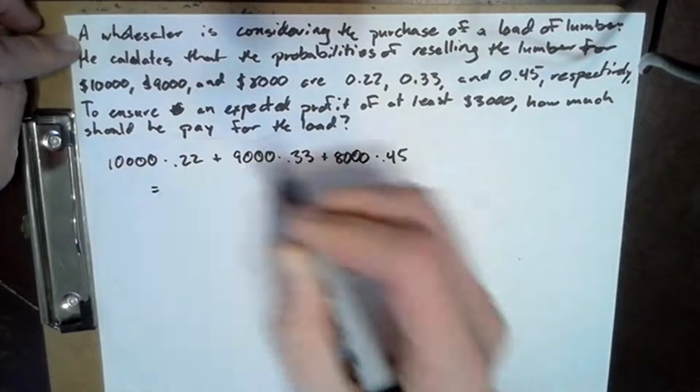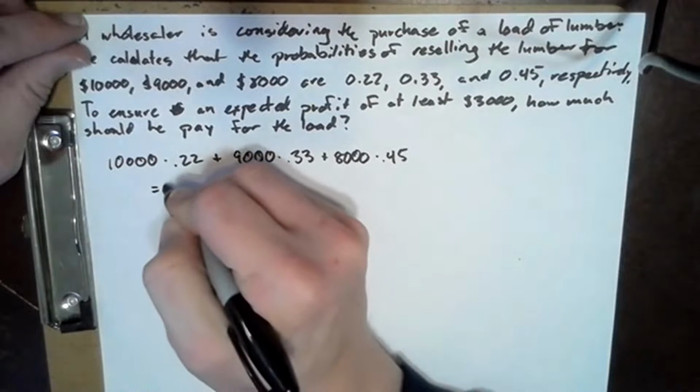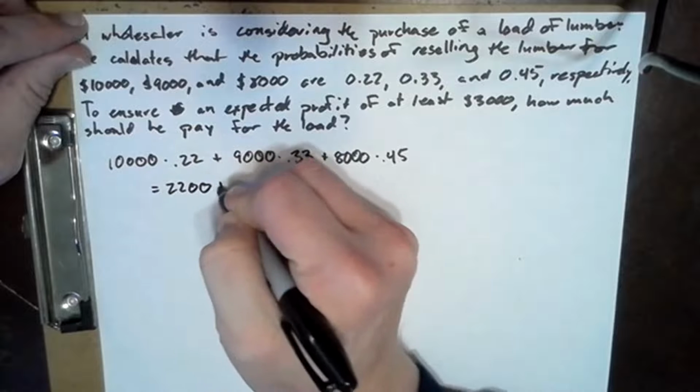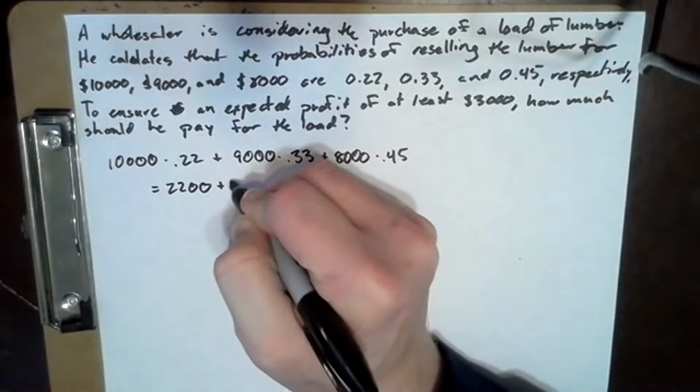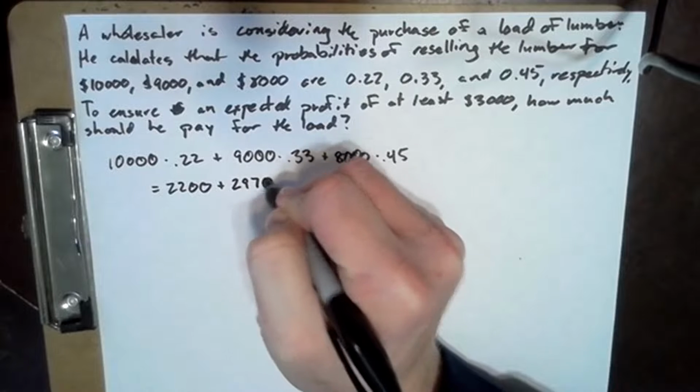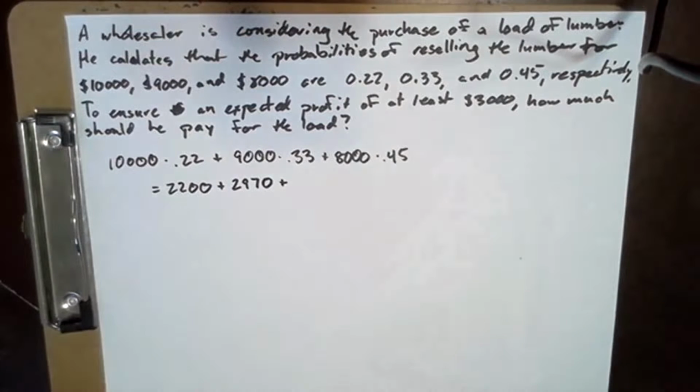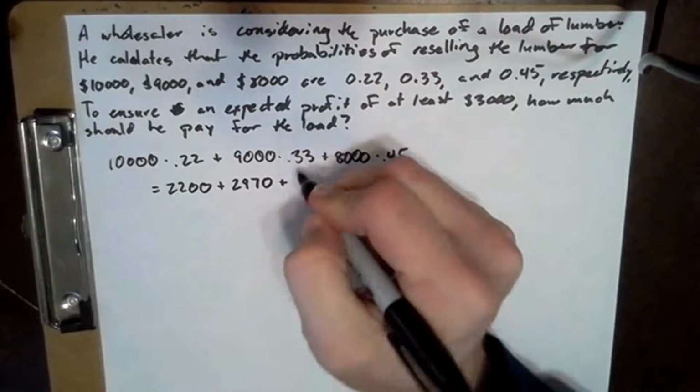Okay, well, that gives us for the 10,000, that's 2,200 plus 9,000 times 0.33. Bring out the calculator. $2,970 plus 8,000 times 0.45 is 3,600.